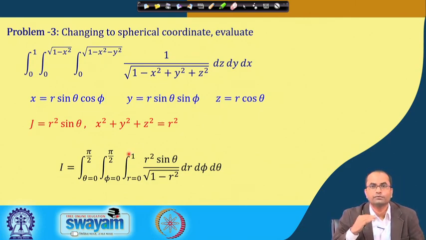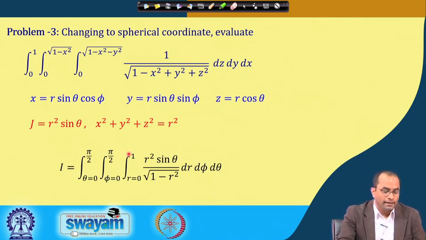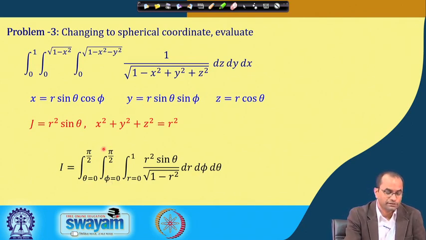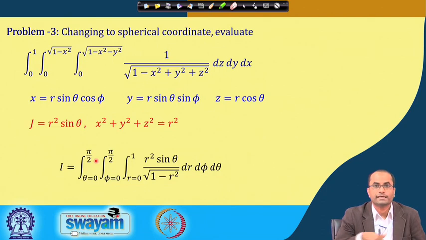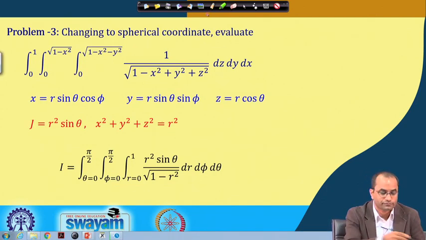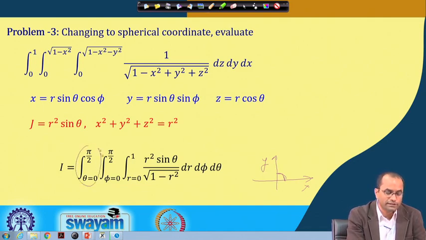So, r goes from 0 to 1 to that sphere, and then we have to see about the angle phi, which is the angle first from the x axis. So, that is 0 to pi by 2, because that was 0 to square root 1 minus x square, that is in the x y plane, and then we have the limits of theta.